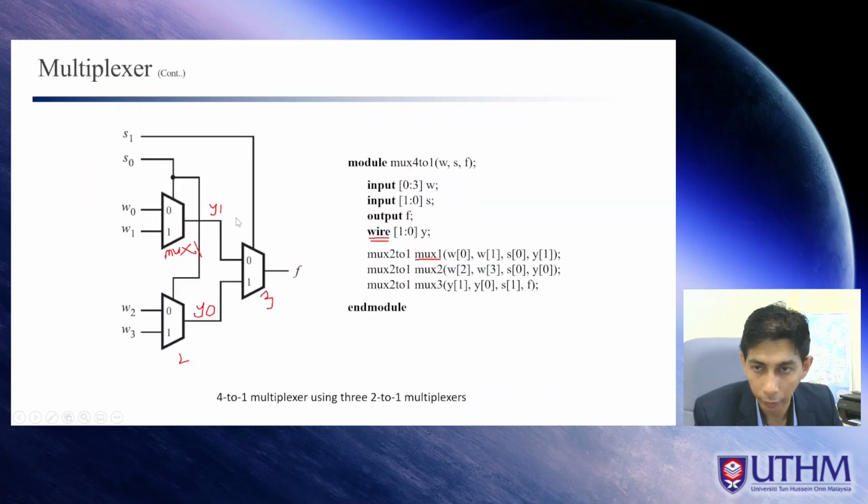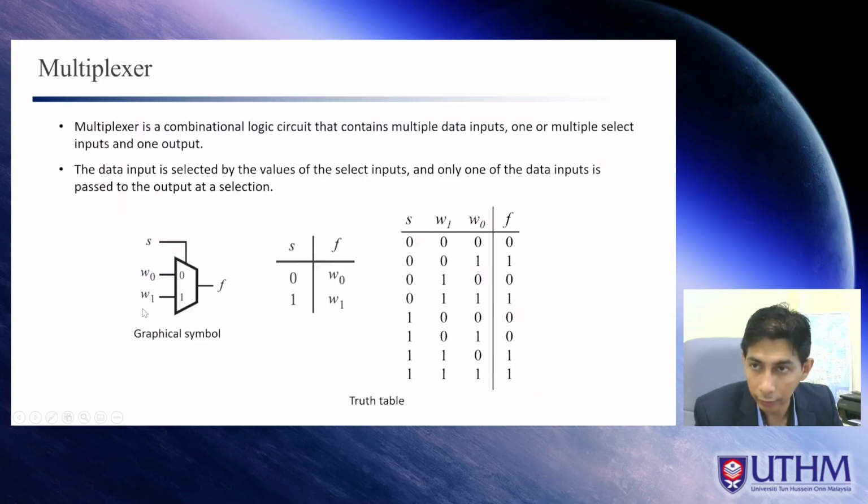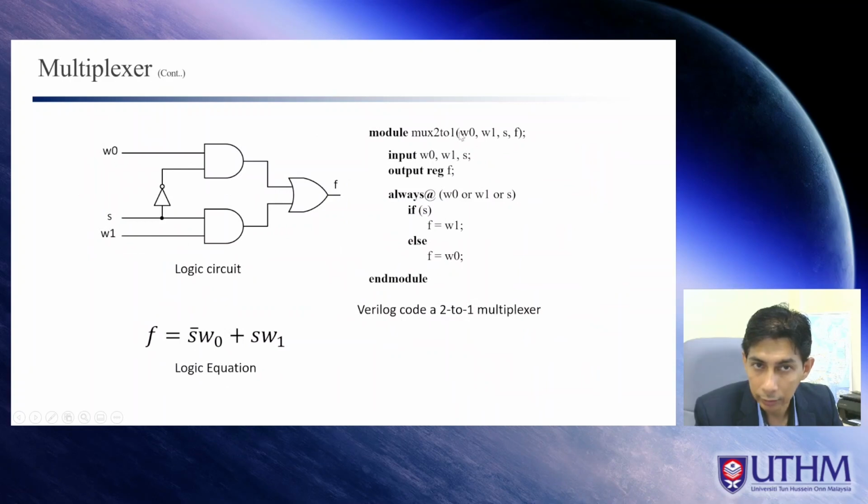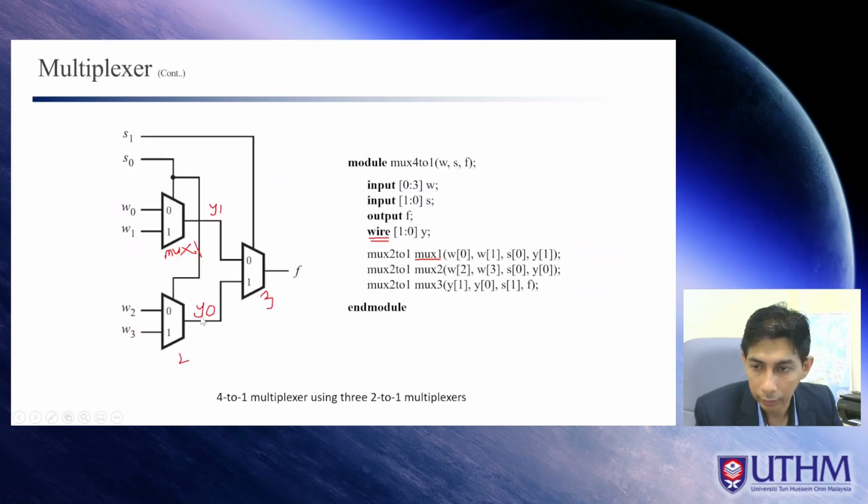That's why we have Y1 here. And look at the second multiplexer. According to this position, W0, W1, S, F. Remember that. So it should be W2, W3. This one is S0, and the output is Y0. That's it for Mux 2.